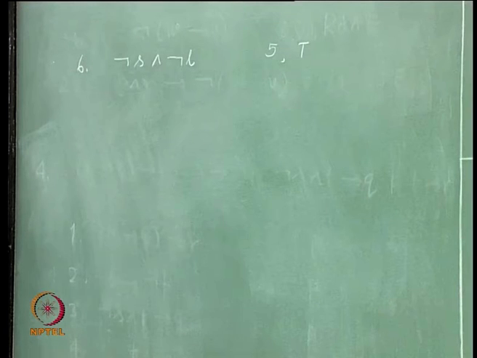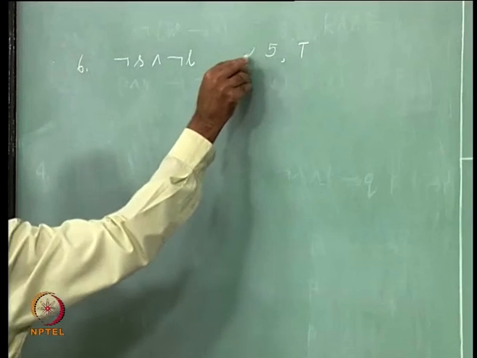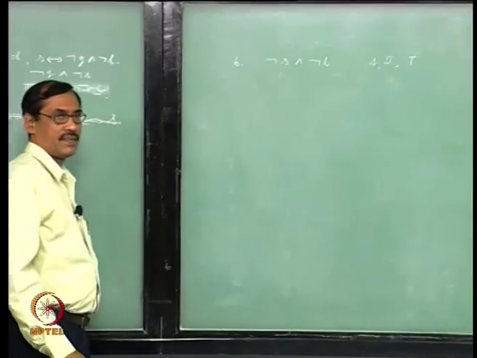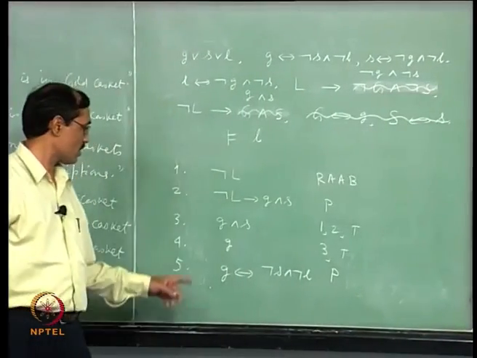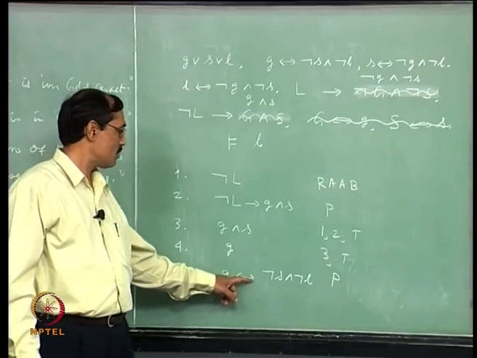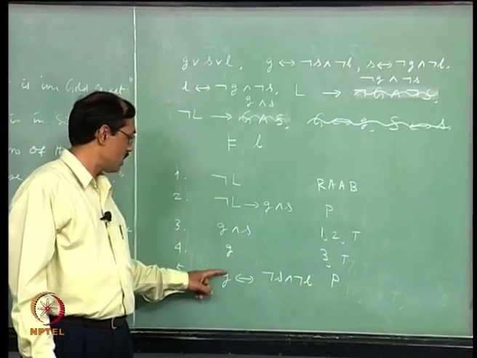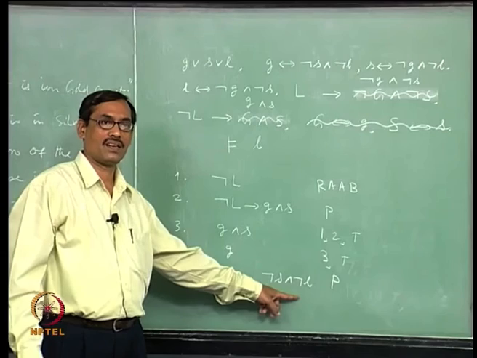Okay. But not only line 5, you have to use G also there, right. So, you write 4 also. That is really modus ponens, because G if and only if not S and not L will give you G implies not S and not L, right.